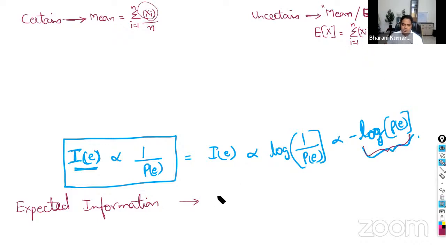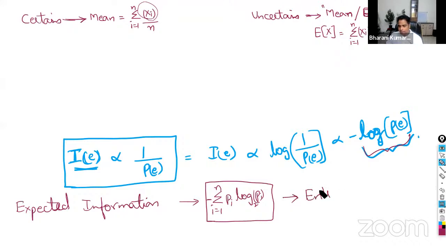Here also you multiply this with probability. Summation of i equal to 1 until n. Since you have a minus sign, I'll put it here. Probability into this value. This expected information is called entropy. Expected information content is called entropy.